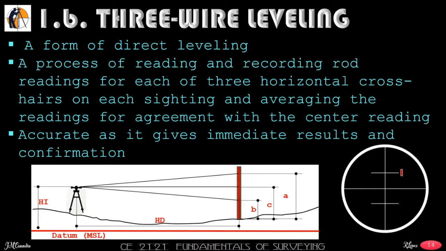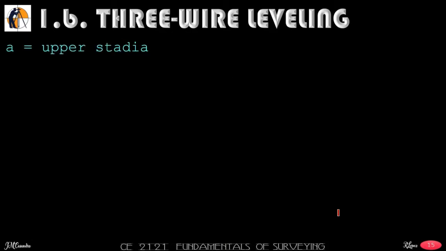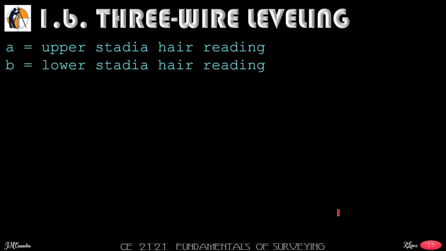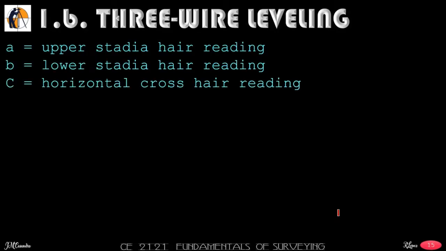You will see numbers here if you look into your telescope. So again, A is the upper crosshair reading, B is your lower crosshair reading, C is your horizontal or middle crosshair reading, which are all taken at point P.